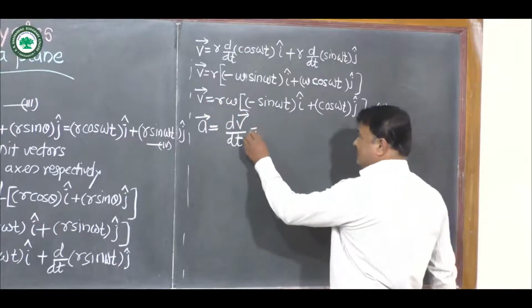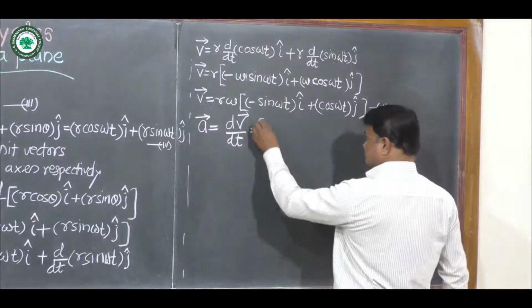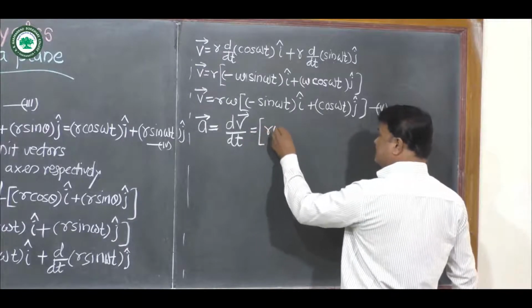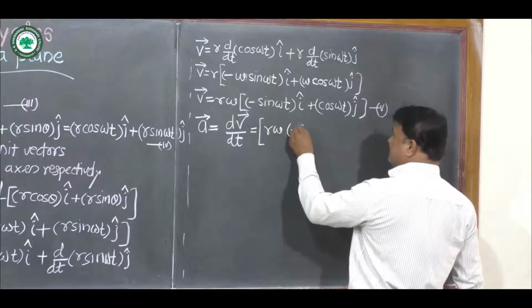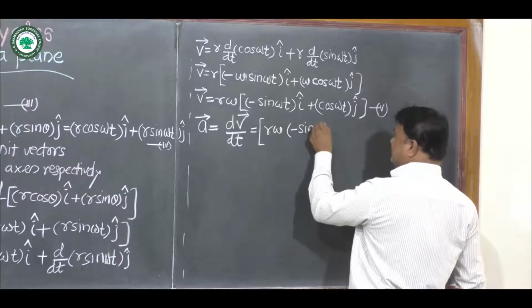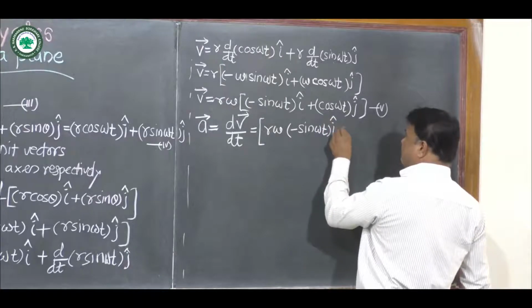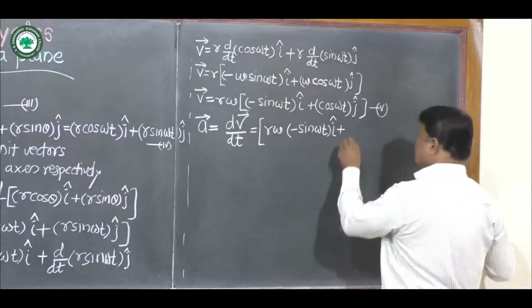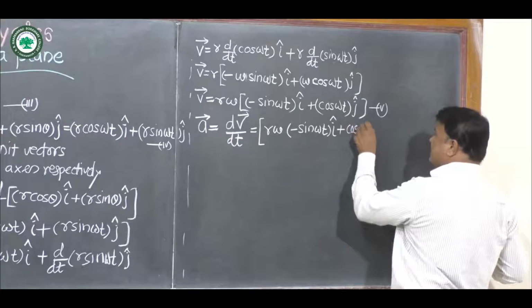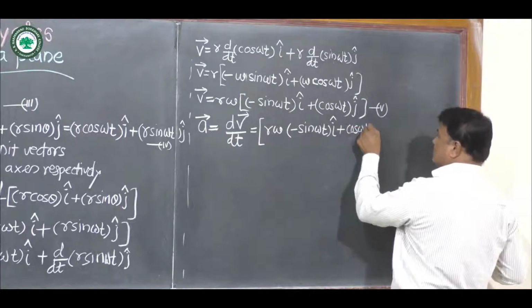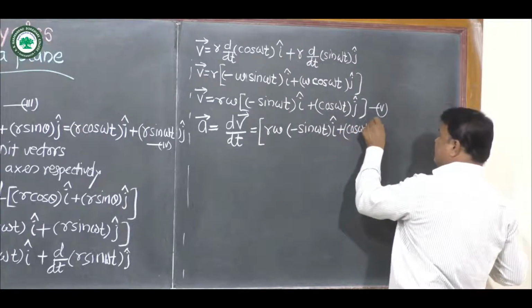Then we get r omega, as it is, in bracket minus sin omega t i cap plus cos omega t into j cap.